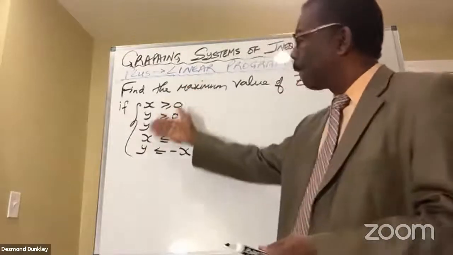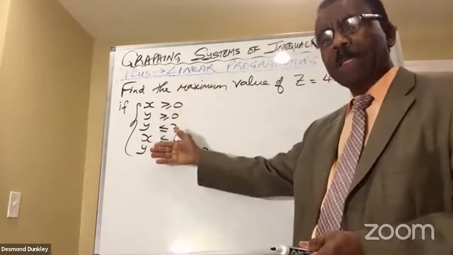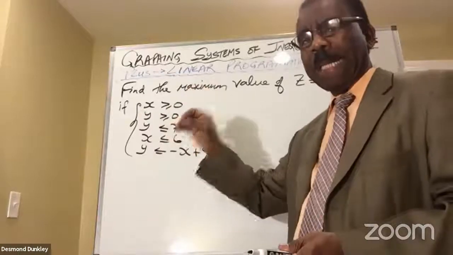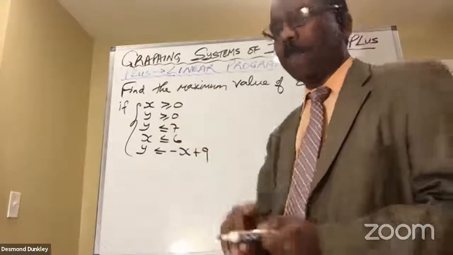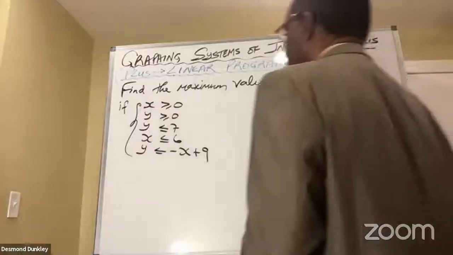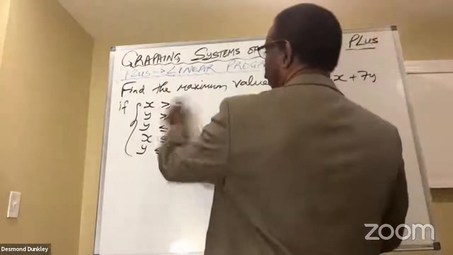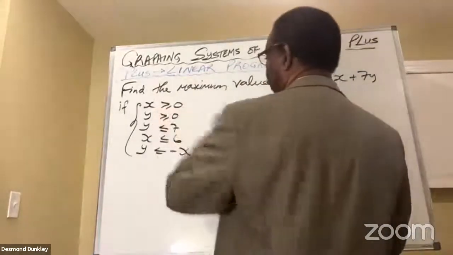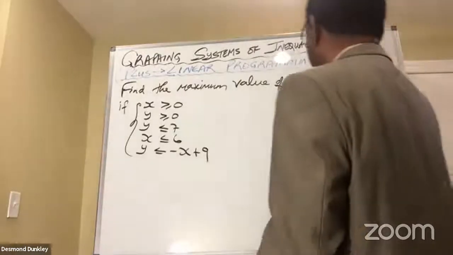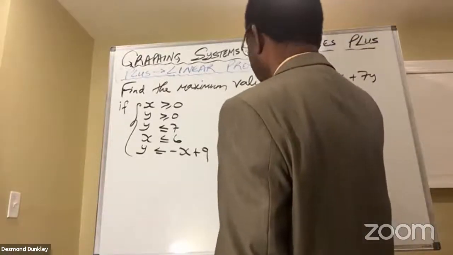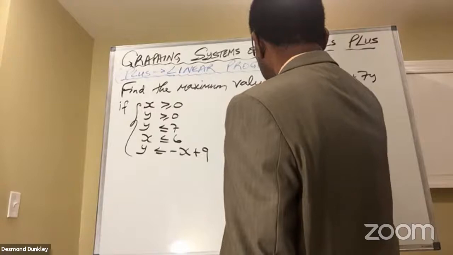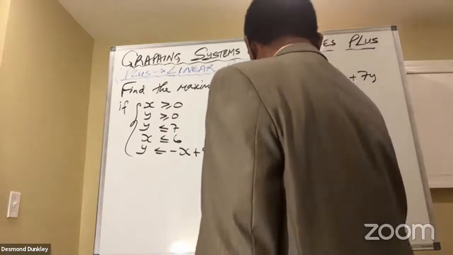First thing, we'd like to graph these inequalities and find the common area. And then we take it from there. Okay, so x is greater than or equal to 0. Y must be greater than or equal to 0. So again, we are only focusing on the first quadrant, nothing but the first quadrant.